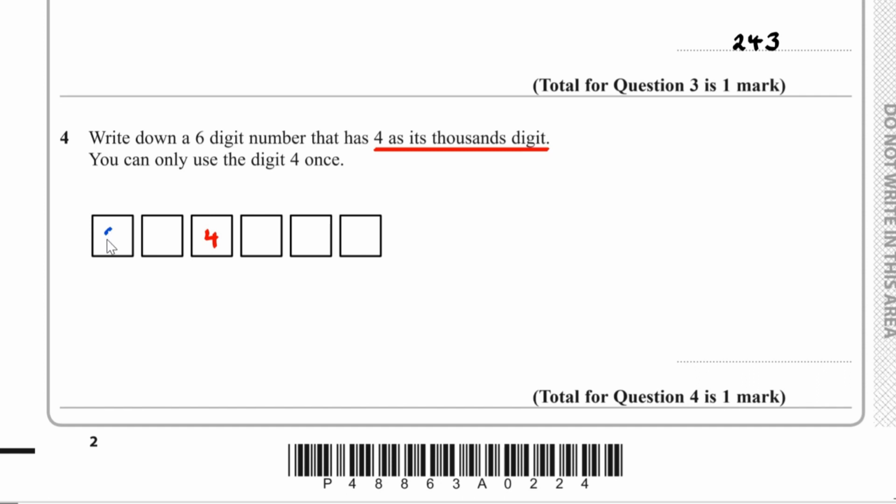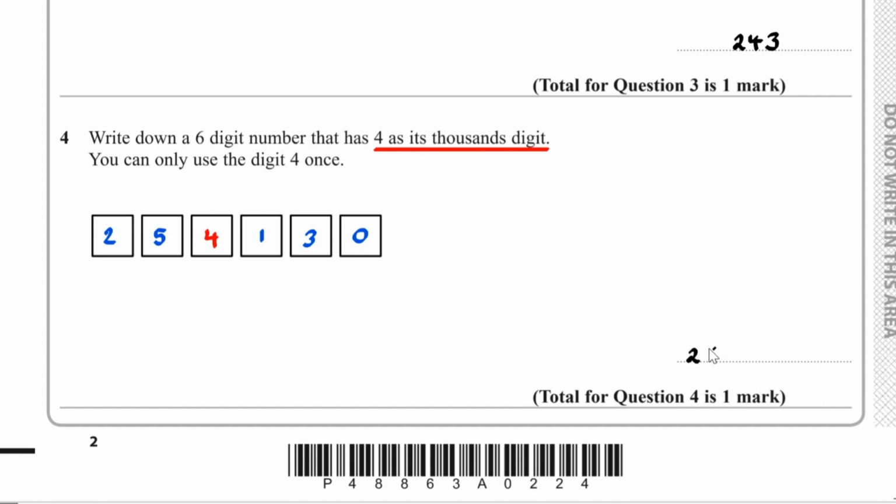For example, we could have a 2 here, a 5 here, the 4's already been used up, a 1 here, a 3 here, and a 0 here.